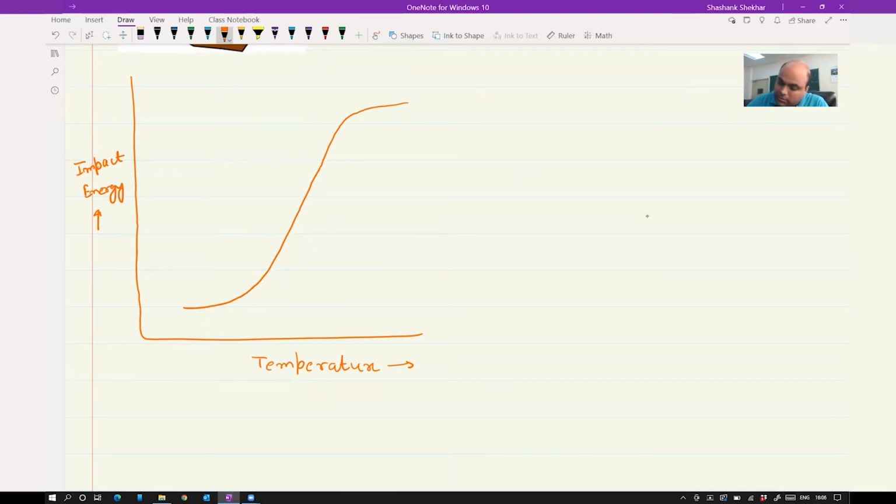Okay, so the first thing you observe here is that decreasing the temperature is going to decrease impact energy.